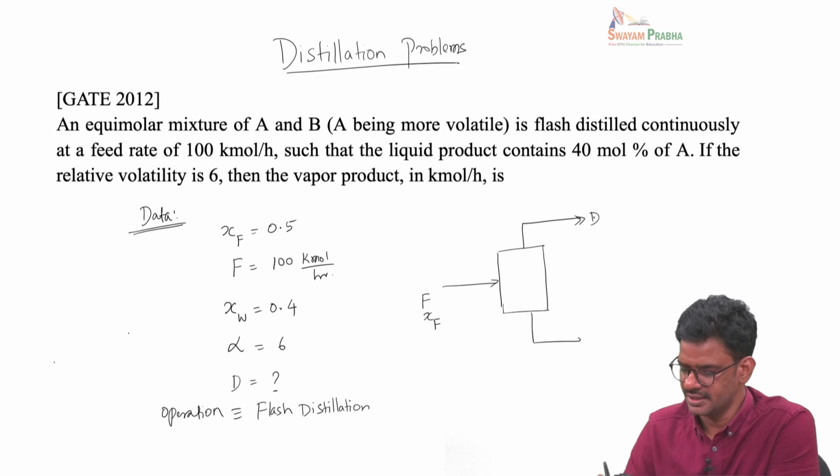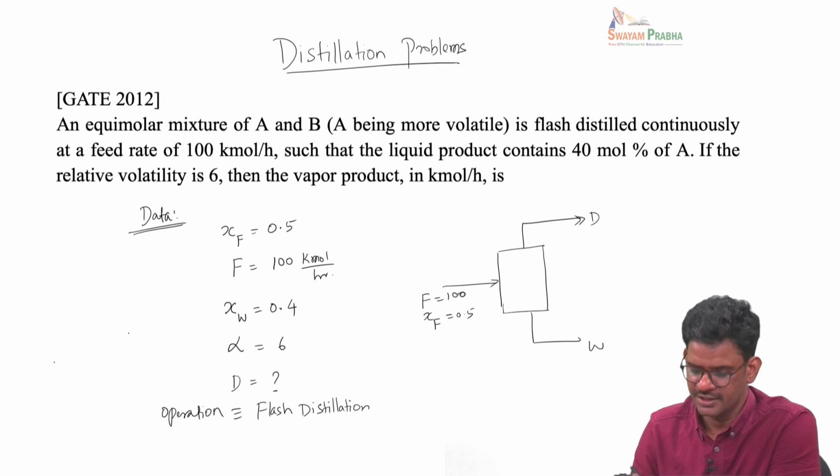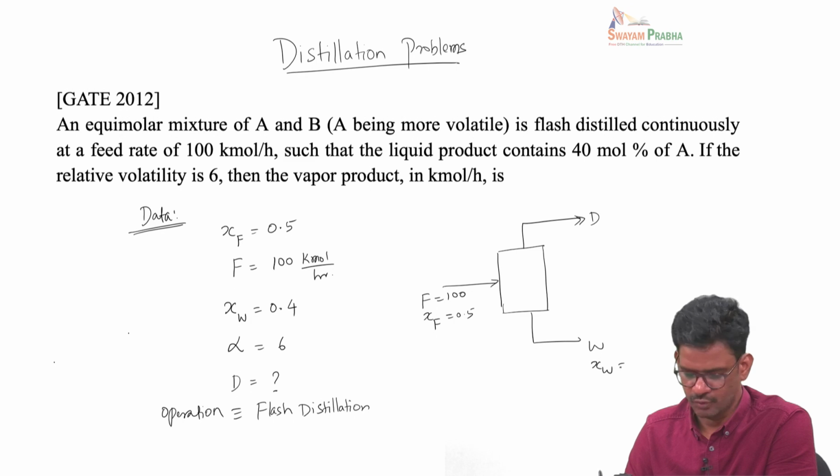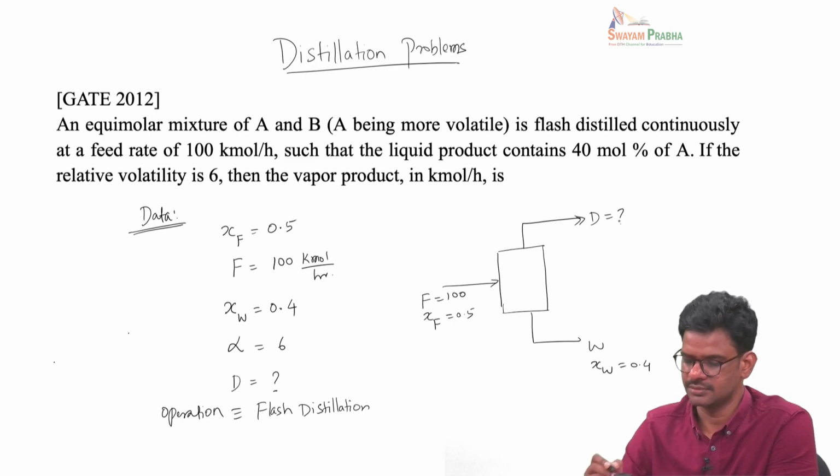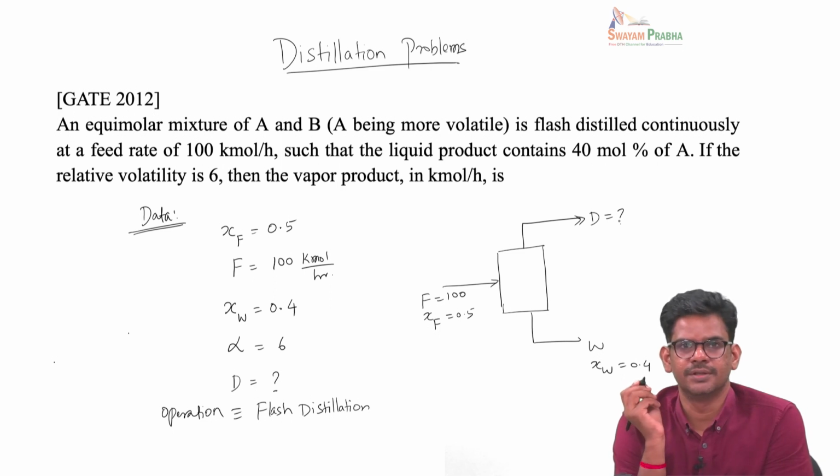This is the distillate and this is the residue, and here XF is 0.5, F is 100 kilomole per hour, here XW is 0.4, and we need to find D.